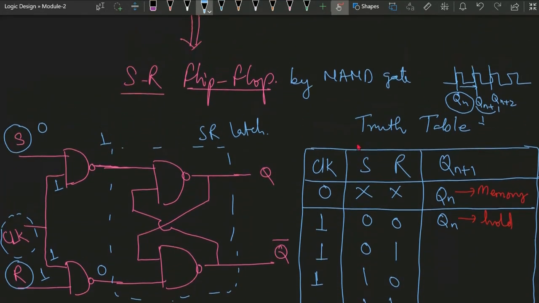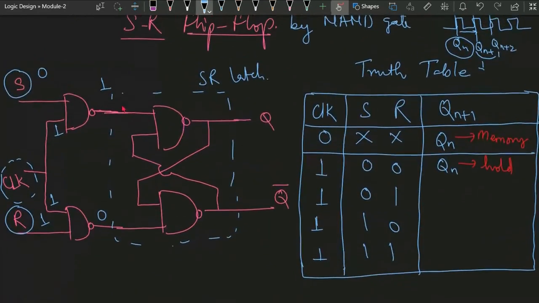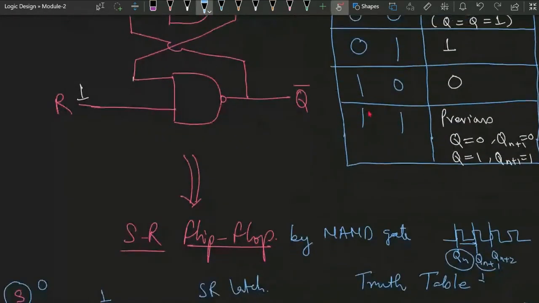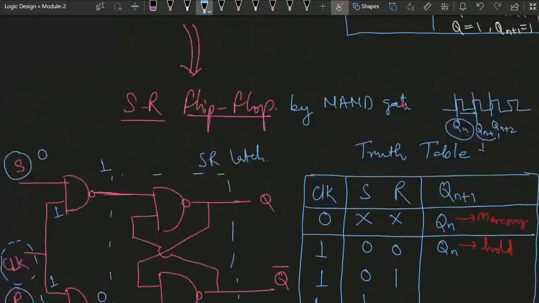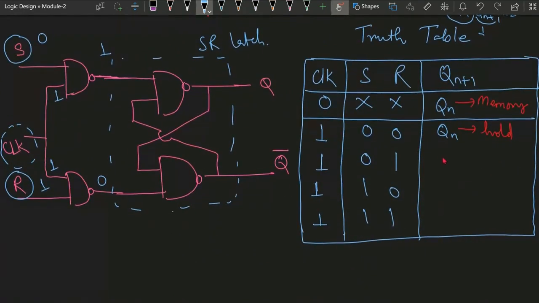In the previous table, which we have calculated, S is 1 and R is 0. At that time the output will be 0. So here output will be 0. If output is 0, it is basically called reset. If we have done the reset, whatever the initial value was, the output is 0.